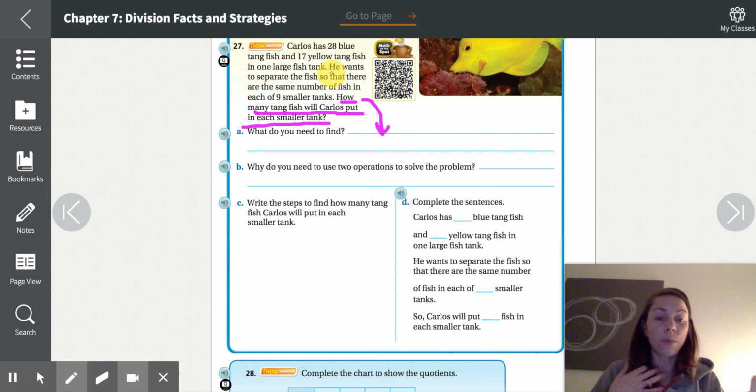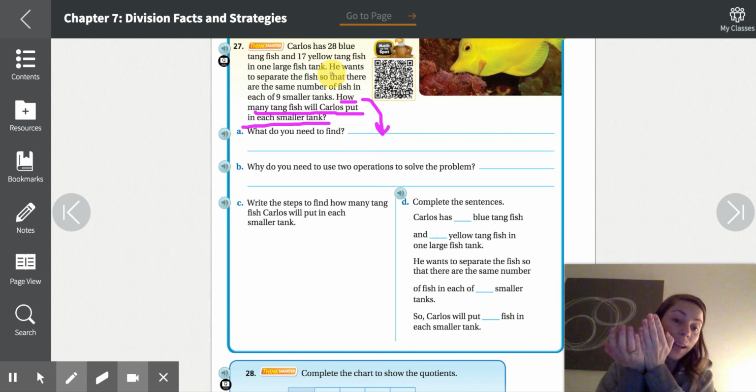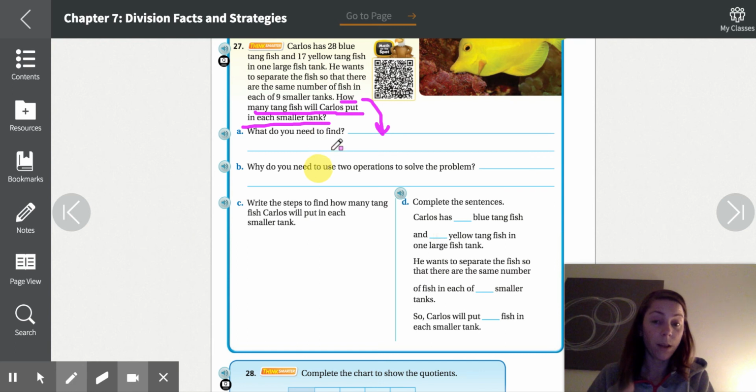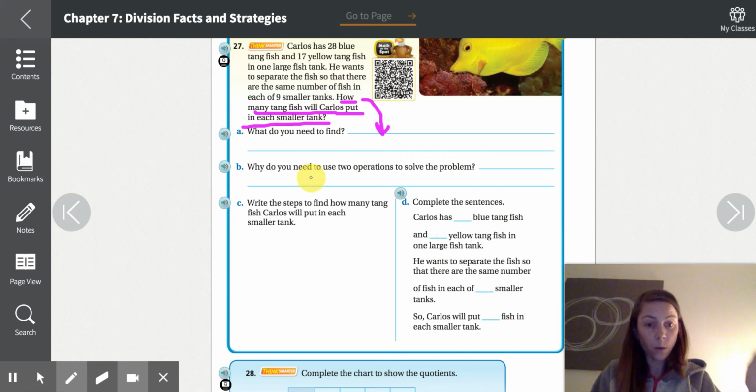I need to put the yellow ones and the blue ones together, right? That's combining, so that would be addition. But later, when they ask me to separate them into tanks equally, that is division. When you're separating things equally, that's division. Okay, so that's my explanation for part B here.